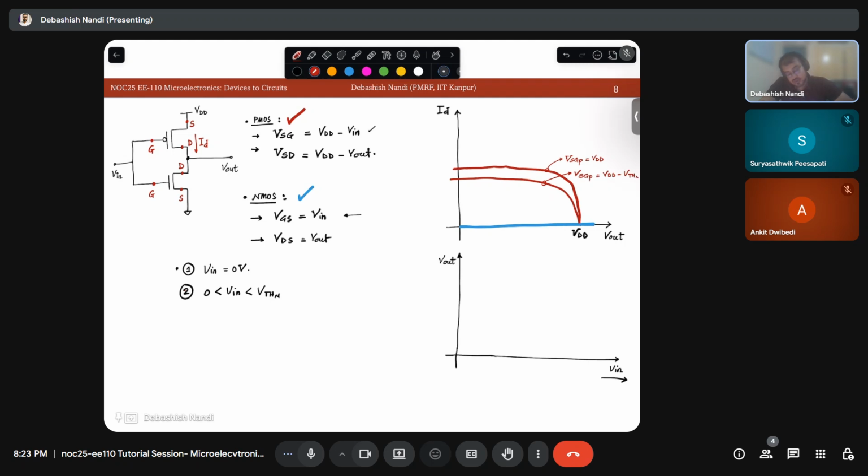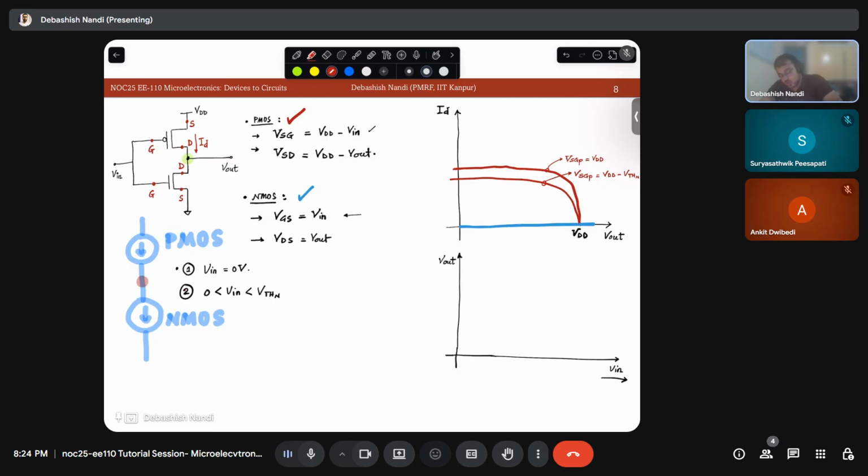So I want to find out this node's potential, V out, right? And what I have is two current sources. This is your NMOS. This is your PMOS. So how do I find out this node voltage?